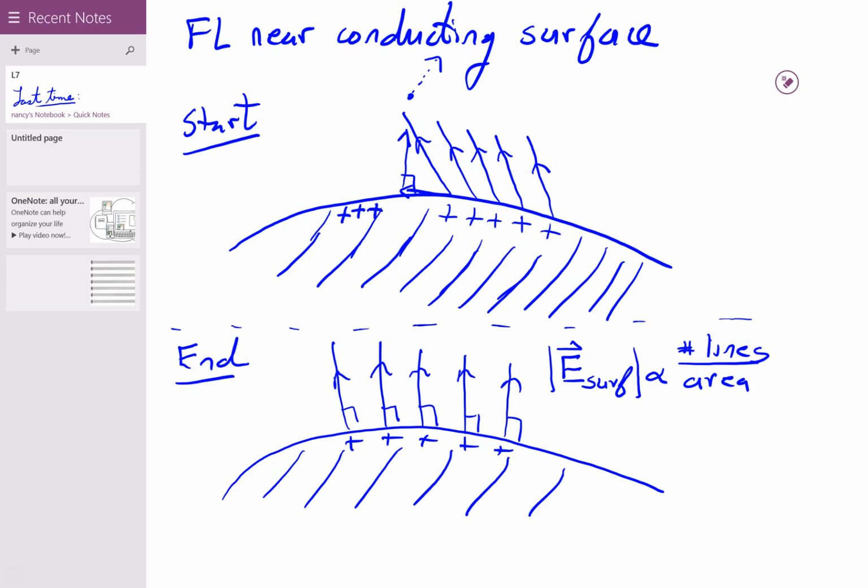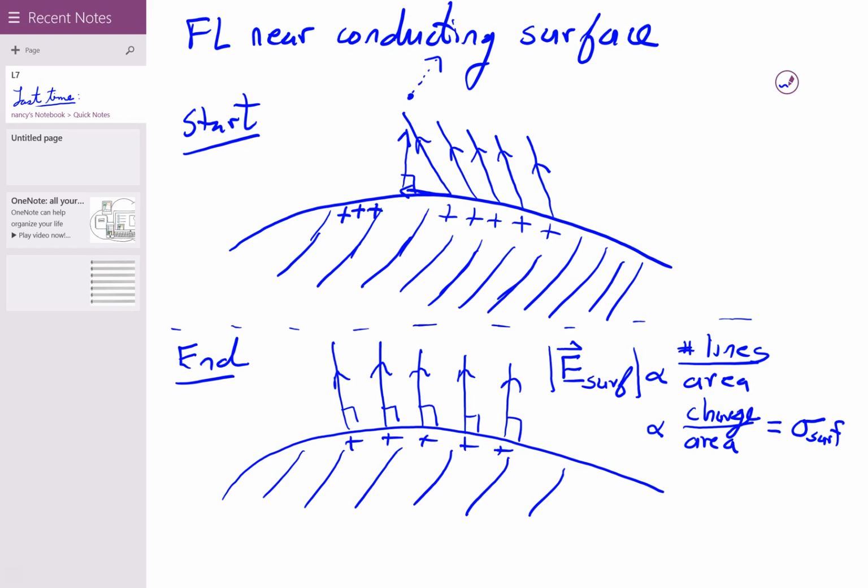Those then are going to be proportional to, because the number of lines are proportional to the charge, and the area, of course, is the area. But charge per unit area, we know, is the variable we usually call sigma. That's the surface charge density.